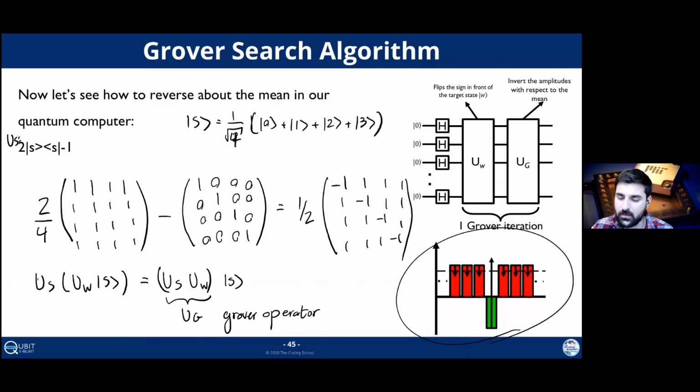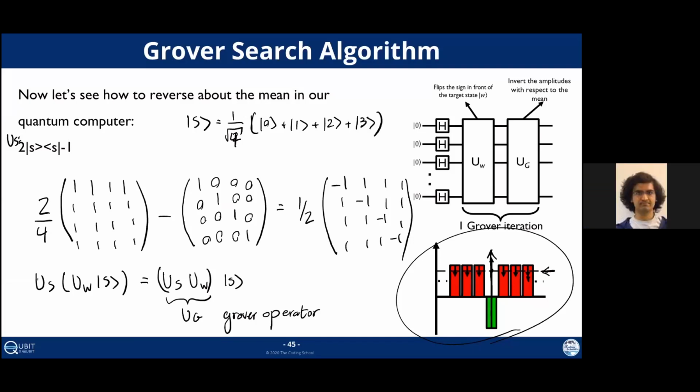Now, when I flip all these amplitudes with respect to this mean line, all the incorrect ones are above the mean line, so they go slightly down, whereas the correct answer is a decent bit below the mean line, so it goes up. What we end up with after this is that the correct answer has a slightly higher probability of being measured than everything else. Now, if we repeat this enough times, this probability goes higher and higher and higher.